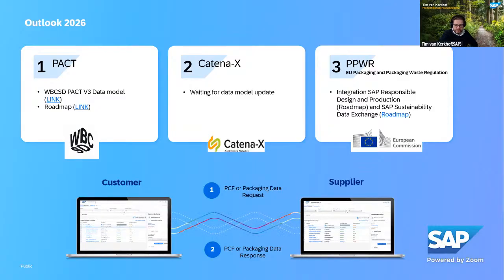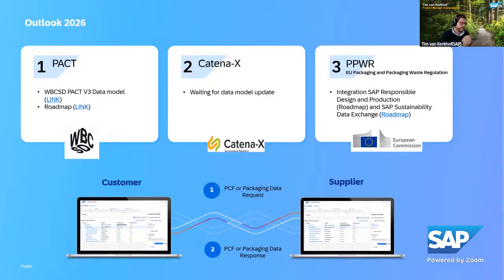For Catena-X, we also continue to support the new standards. There's new standards released in September, and there will be an update in the next couple of weeks as well. That will connect then also to an additional data model with additional capabilities as well.